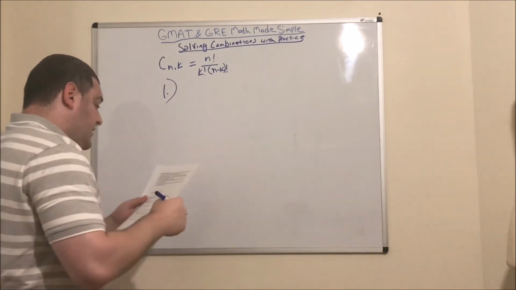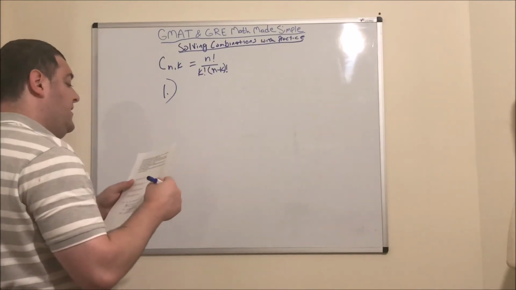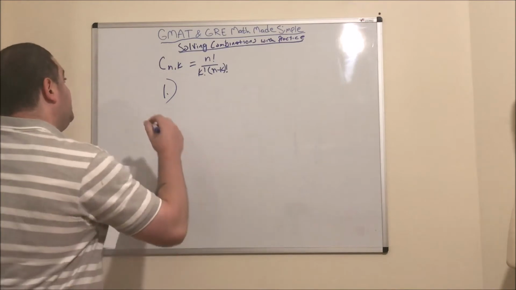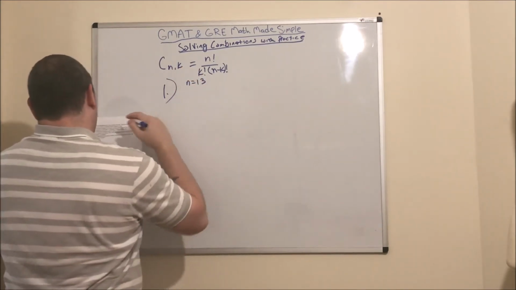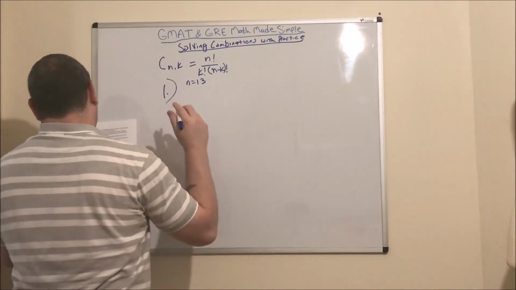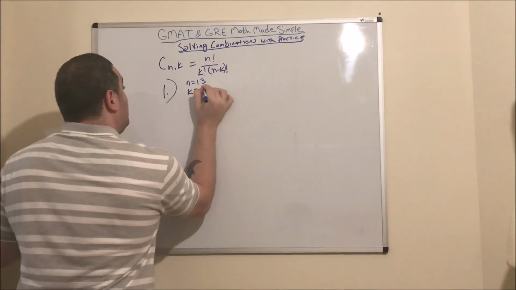We look at this and see that the big number, the total, is 13. So N equals 13, and K will equal the 9 that they are actually going to go to. K equals 9.